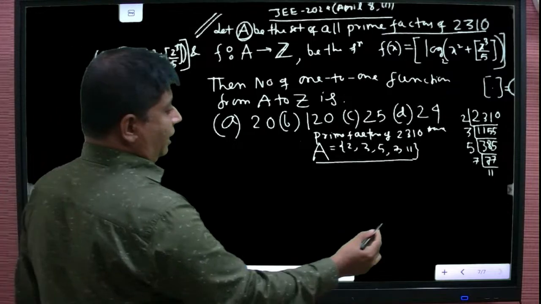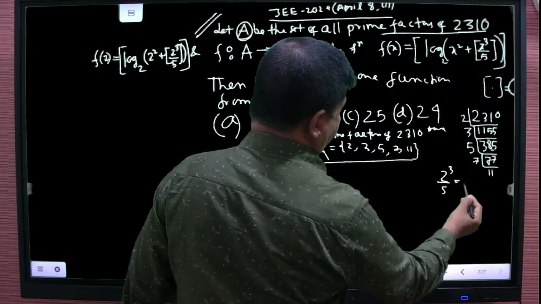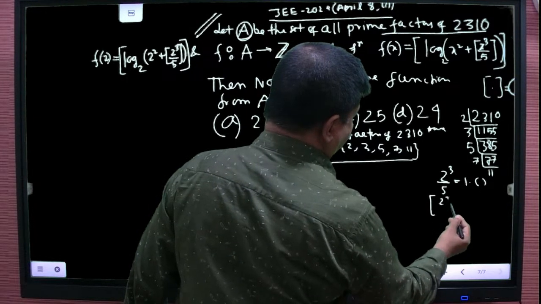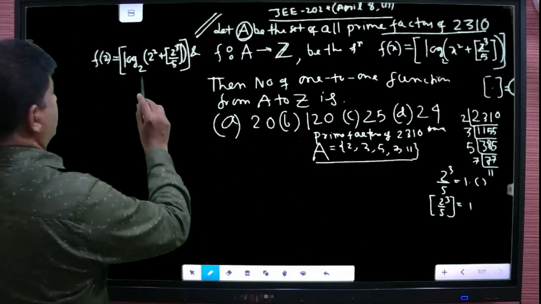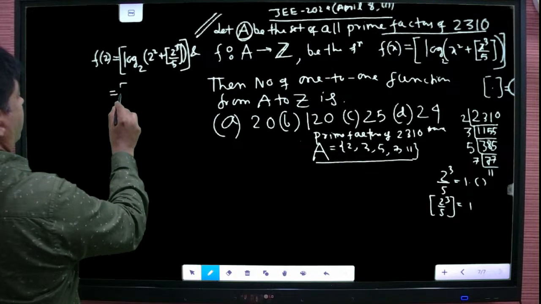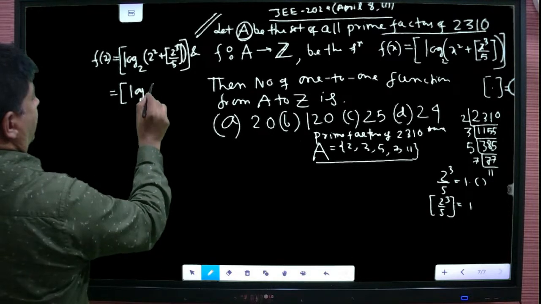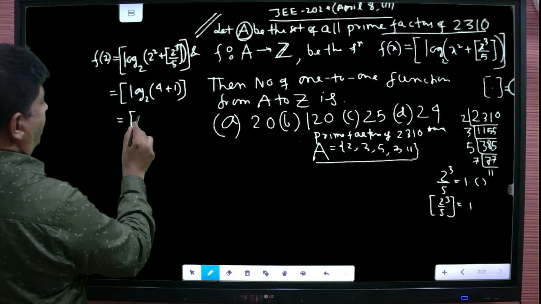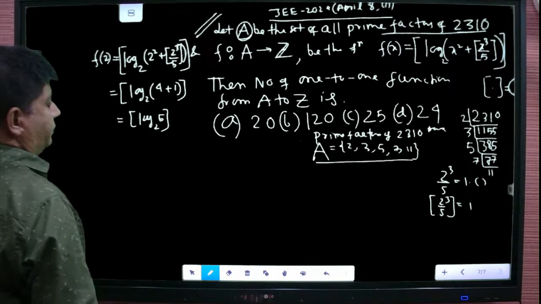You do the rough work. 2 cube by 5 means 1 point something. So its box is 1. So you will get log of base 2, that is 4 plus 1. You have got log of 5 to the base 2.